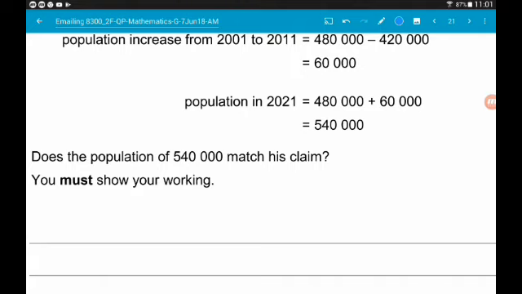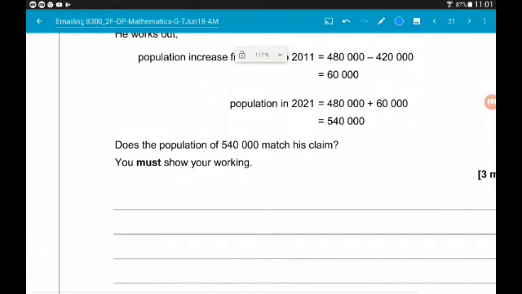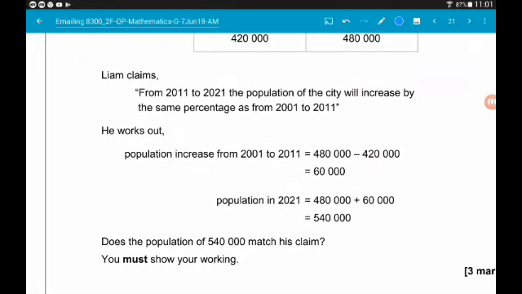What we can see from his workings here is that he has done nothing to do with percentages. He's worked out the actual amount that the population increased from 2001 to 2011, and then he's just added on the same amount. So, what we're going to do is work out, first of all, what percentage that increase was.